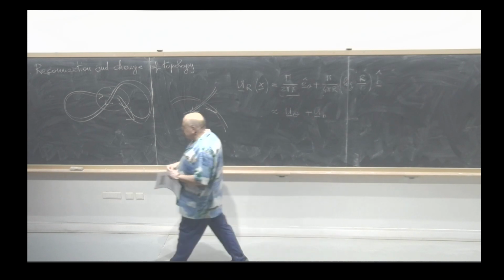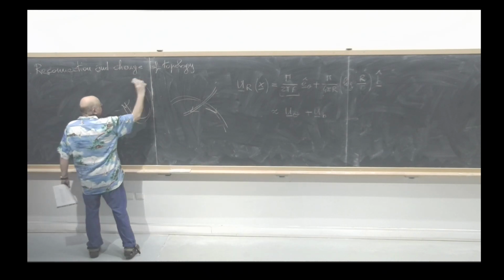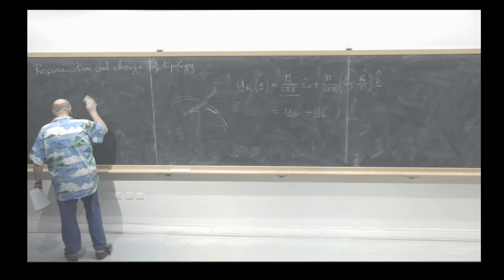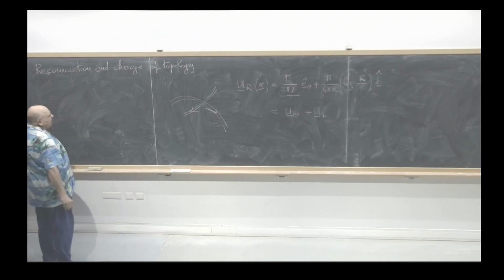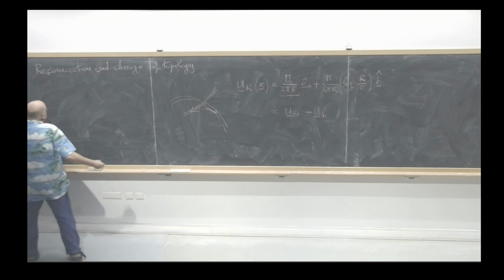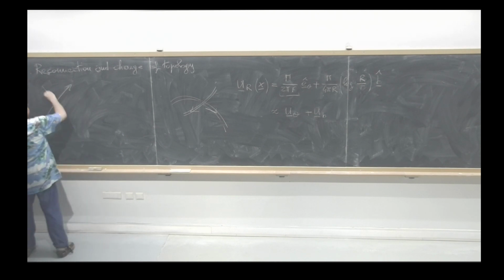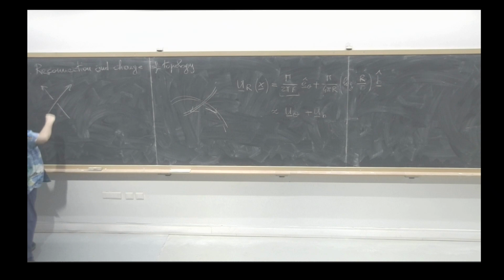All right. Now I want to give you a sketch of what you're going to see in the movie. I want to focus first of all on what we mean by reconnection. So what we mean by reconnection, imagine that these lines, these strands, represent, for example, something like this.